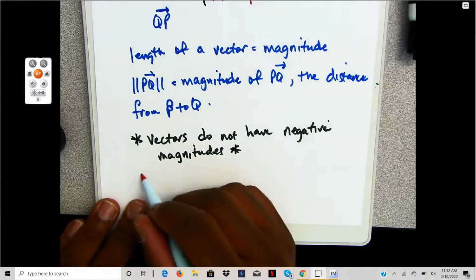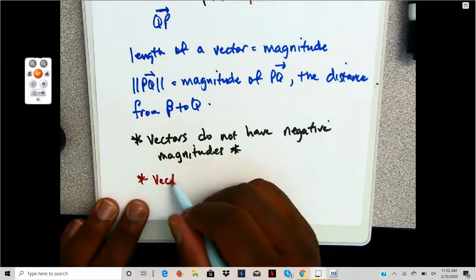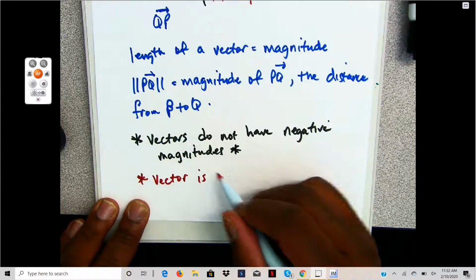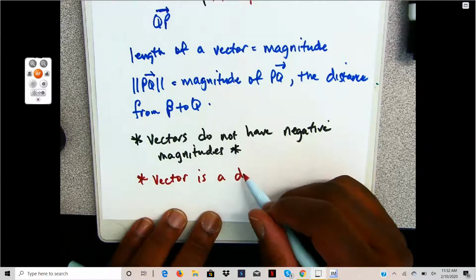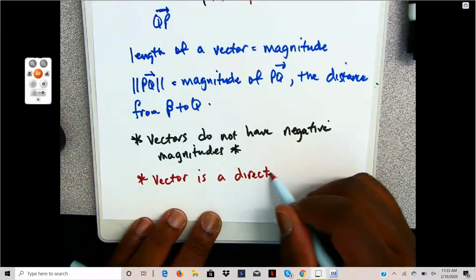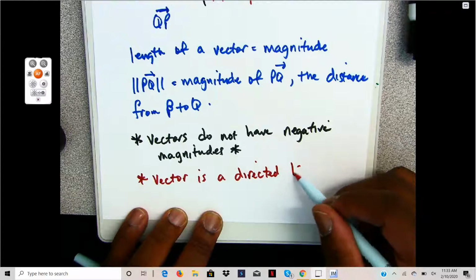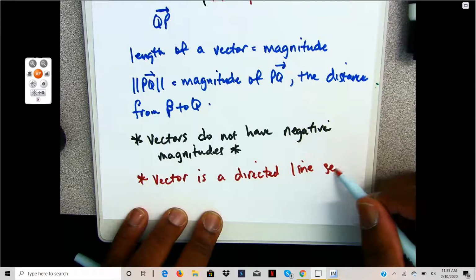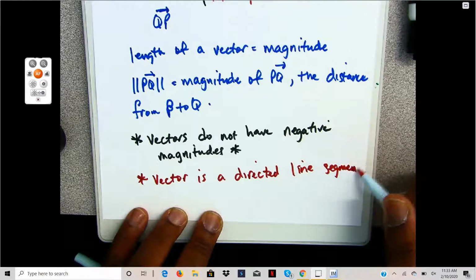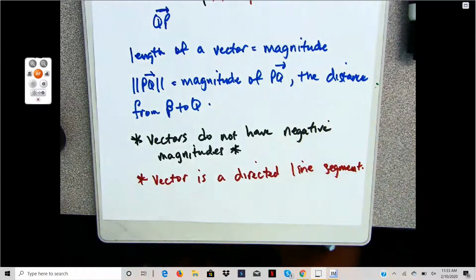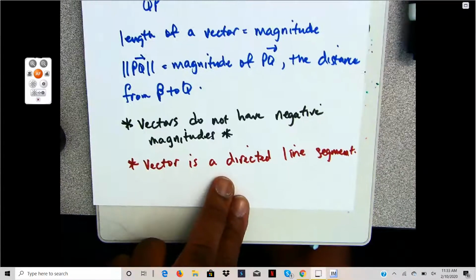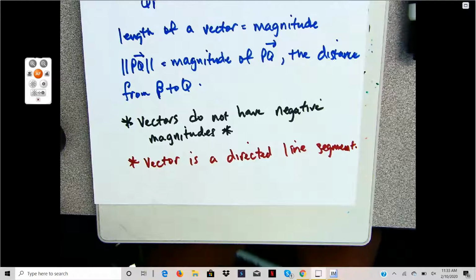So in essence, a vector is a directed line segment. All vectors have both magnitude and direction.